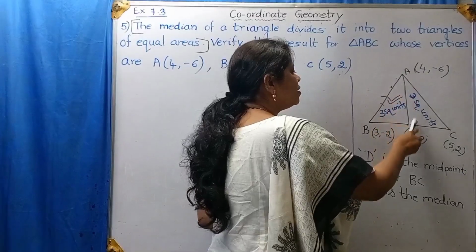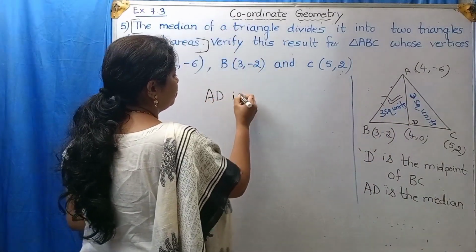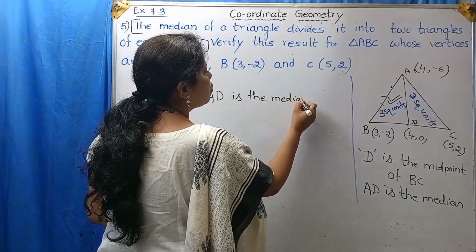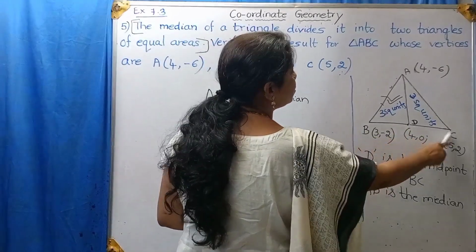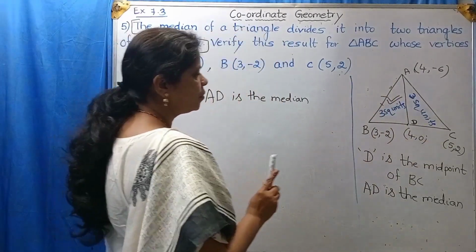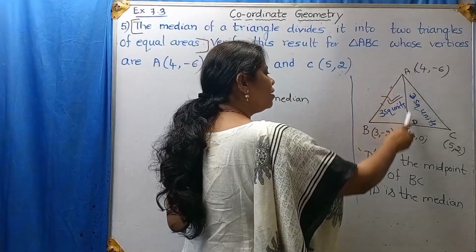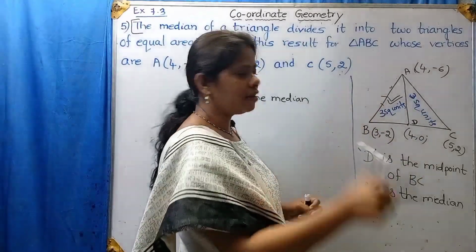We know that AD is the median, right? AD is the median because it connects to the midpoint of the opposite side BC. Okay? Then we have to prove that AD divides the whole triangle into two equal triangles.